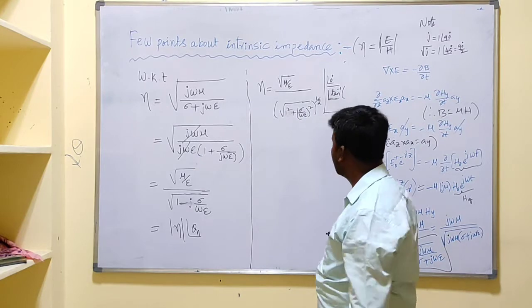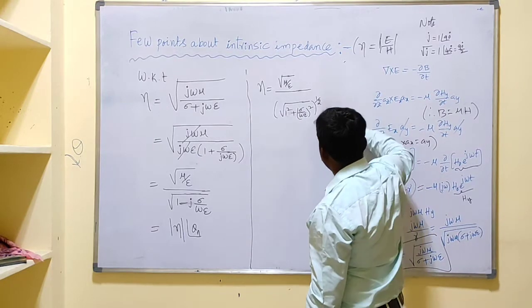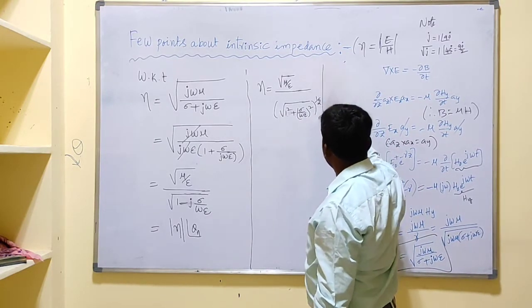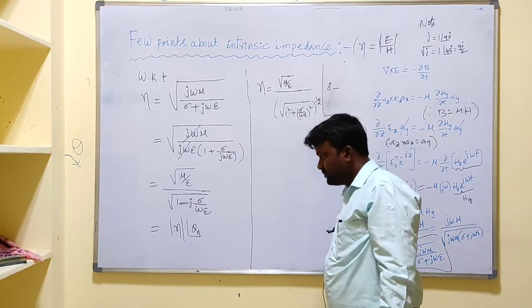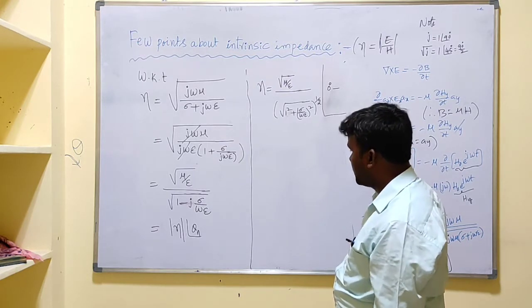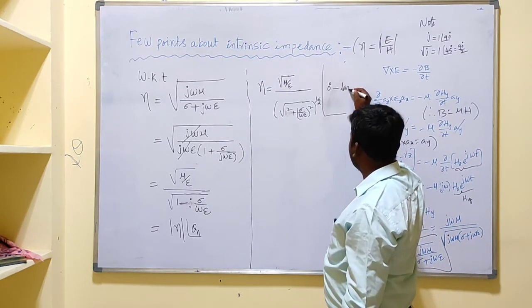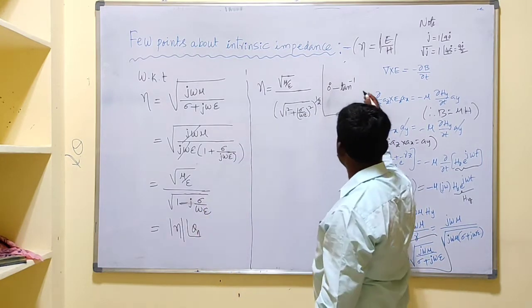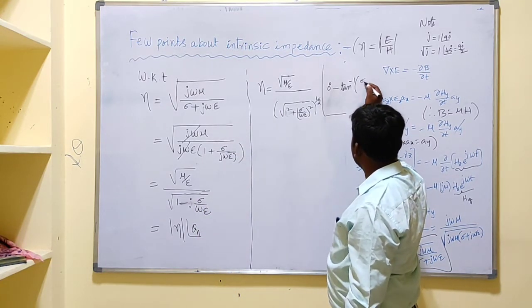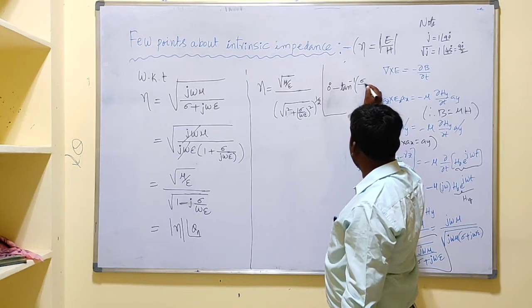So the angle contributed by the numerator is 0 degrees. The angle contributed by the denominator is nothing but tan inverse of imaginary. What about imaginary? That is sigma by omega epsilon, sigma by omega epsilon divided by 1.